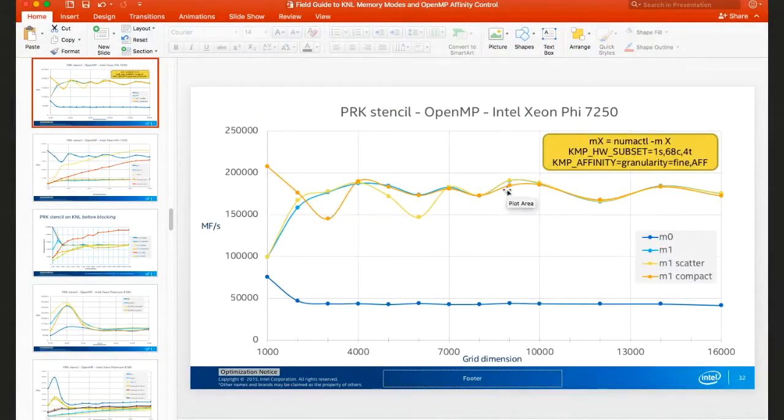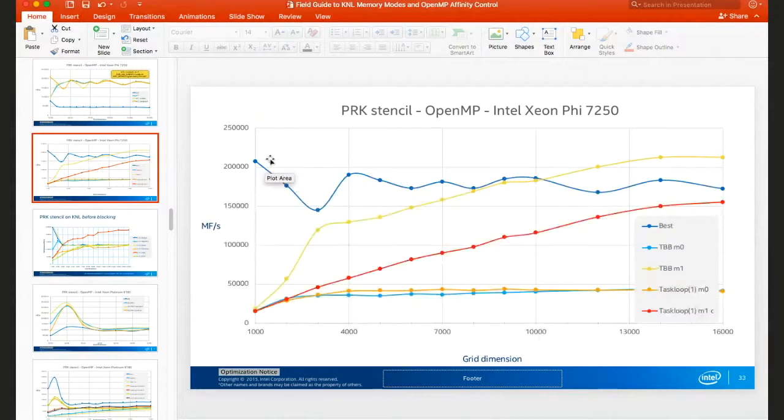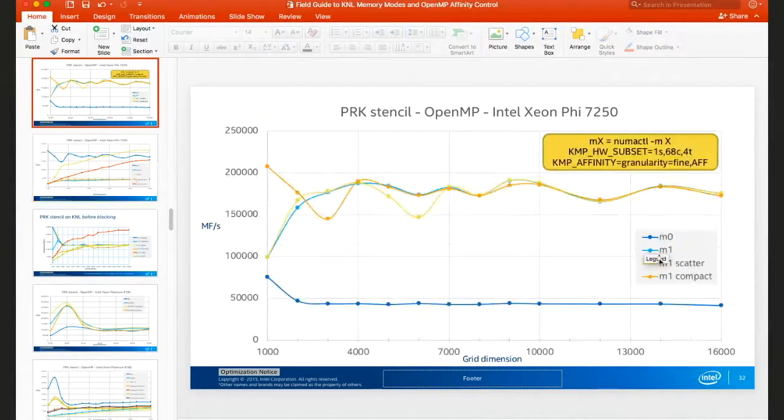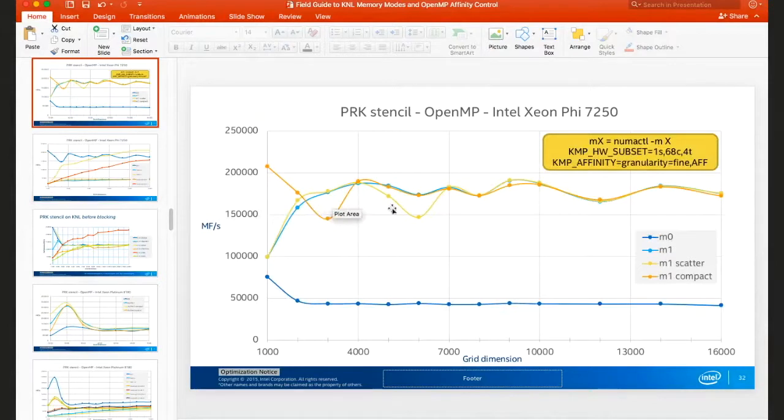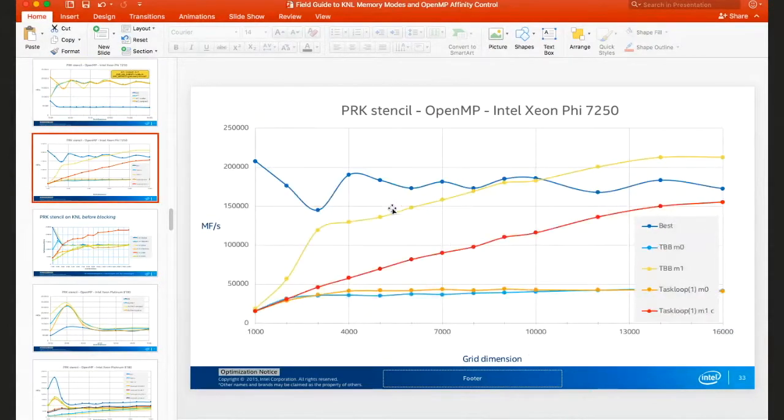For this one, I chose best. Obviously, it's not unambiguous. There's variation here, but you could tell from the shape that I just chose compact scheduling. And it's not best as a way of saying this is the best mode, please use it. It's just saying I only wanted to pull one line from one plot to the other to keep it readable.